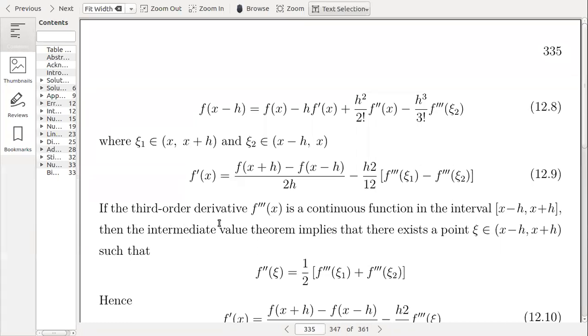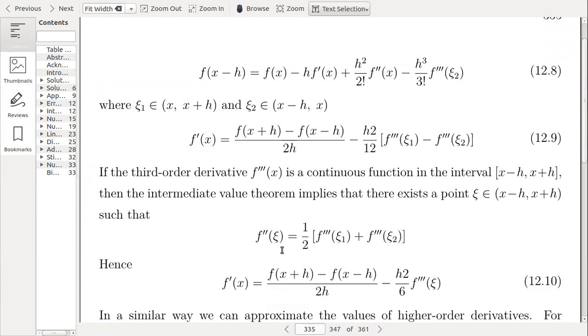If the third order derivative is a continuous function in the interval x minus h to x plus h, then the intermediate value theorem implies that there exists a point xi belonging to x minus h, x plus h, such that f triple prime of xi is equal to 1 by 2 times f triple prime of xi1 plus f triple prime of xi2.